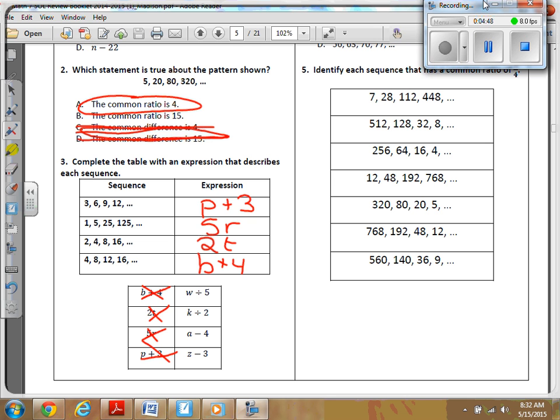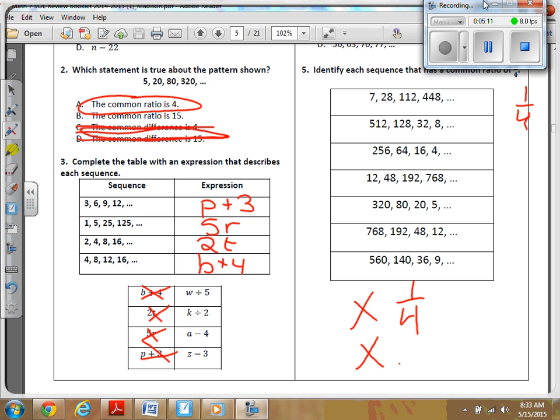Number 5, identify each sequence that has a common ratio of 1/4. Common ratio means what again? Multiply. So it says multiply by 1/4. How would you type 1/4 in your calculator? You could find out what 1/4 is by doing 1 divided by 4, and that's going to give you 0.25.